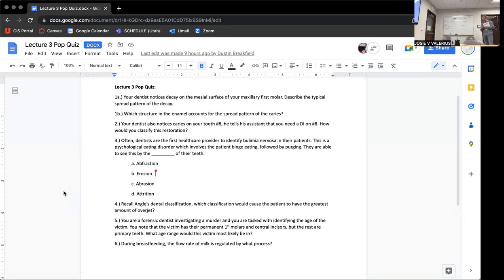And then number 6: during breastfeeding, the flow rate of milk is regulated by which process? It's the elongation of the nipple, which is caused by the baby suckling and creating suction with his mouth. So, perfect.